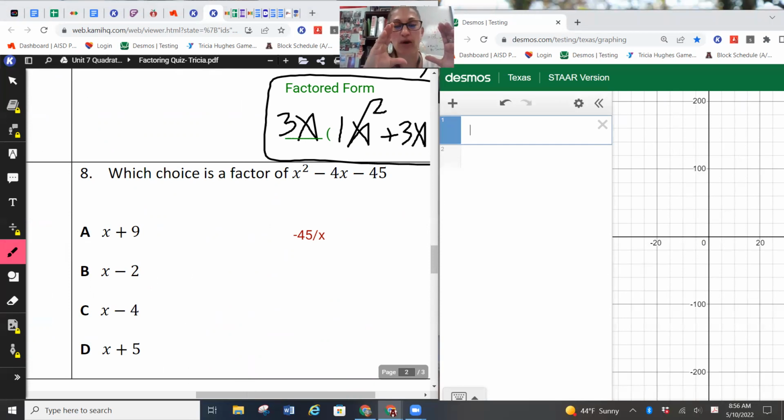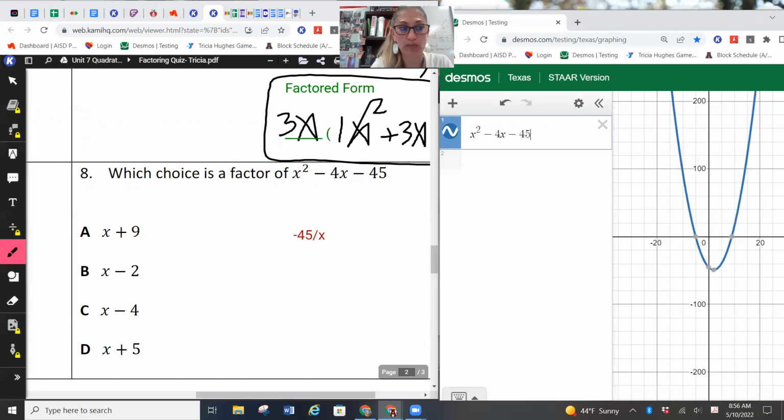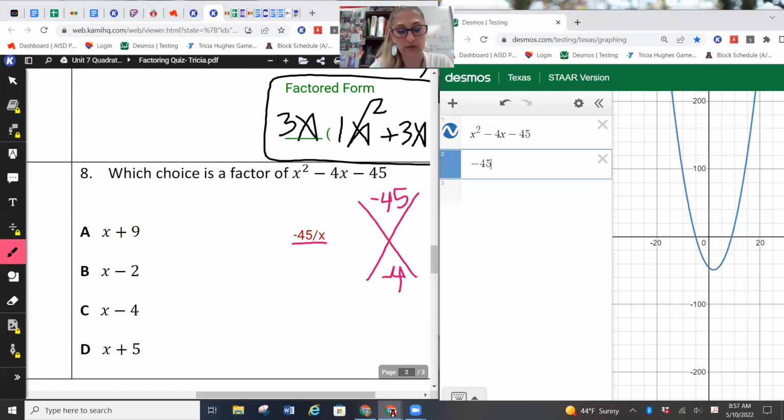Remember, when we factor, a lot of times we get one parenthesis multiplied by another parenthesis. So x squared minus 4x minus 45, right? There's the parabola. So if I do my negative 45 divided by x, remember we want cheeseburger. What's negative 45 divided by x?